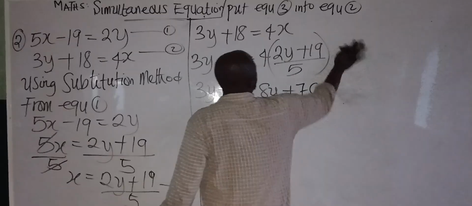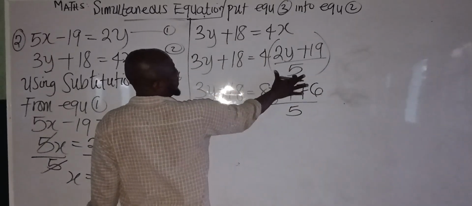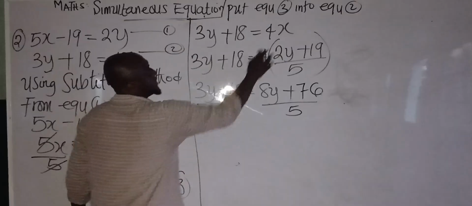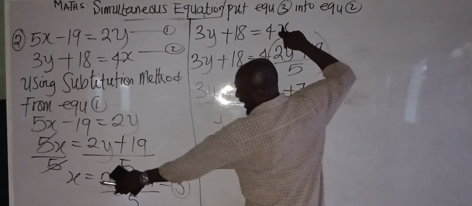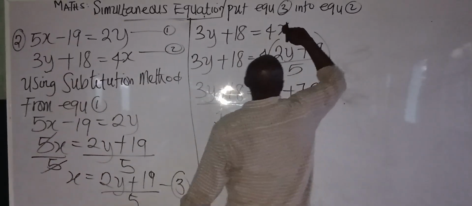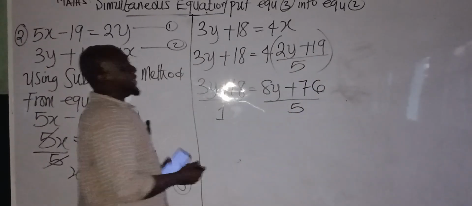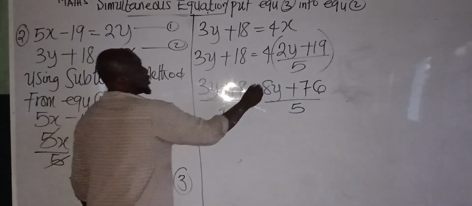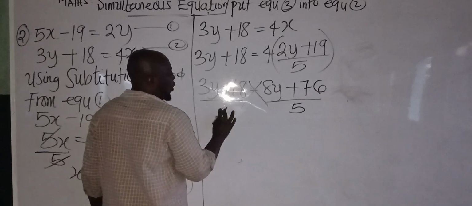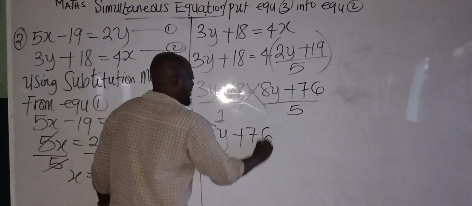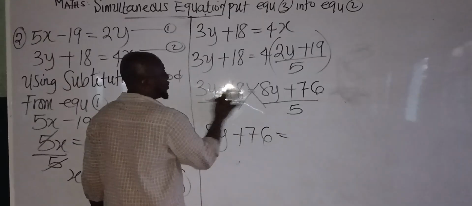Since this is a fraction now, I'll put 1 here. Remember I said wherever you see x, you put this one, so I'm putting equals to 4x again here. So this is how you do it, please. You cross multiply. 1 times all this value gives us all this value back, equals to 5 times all this value now.